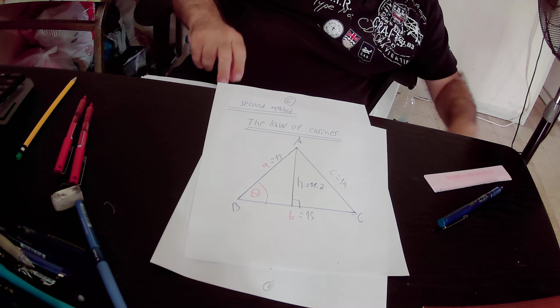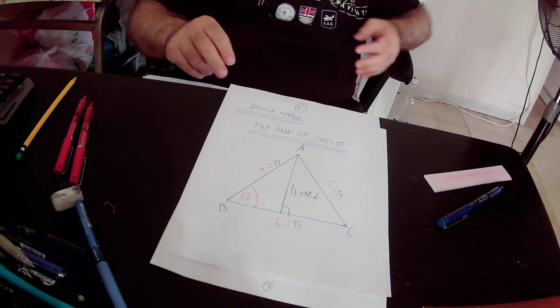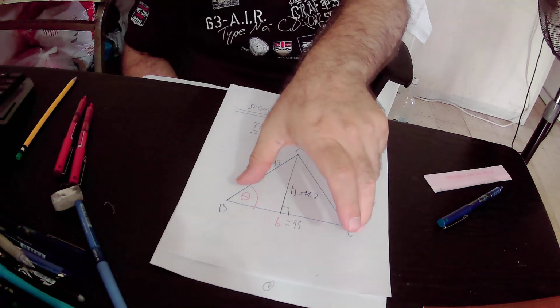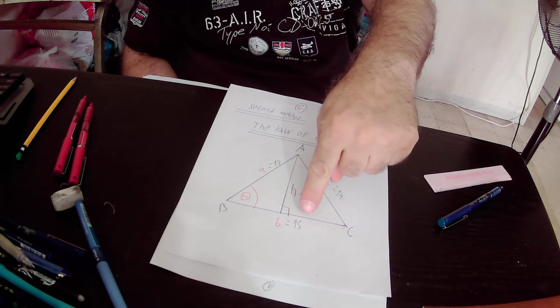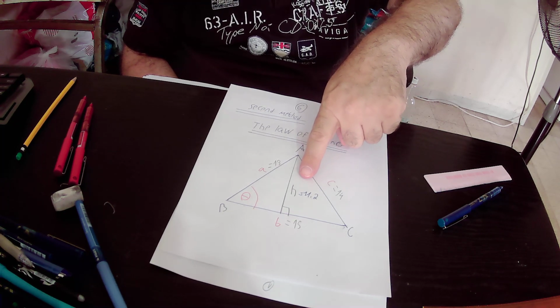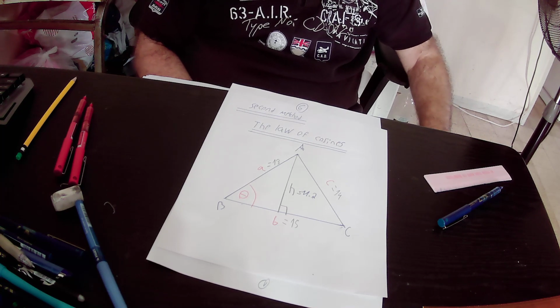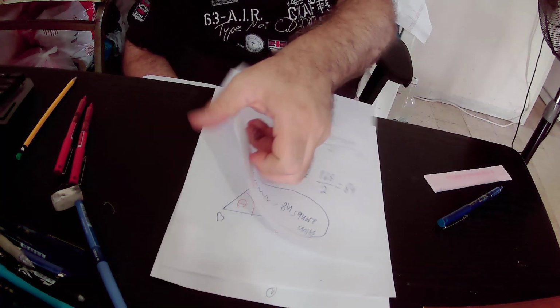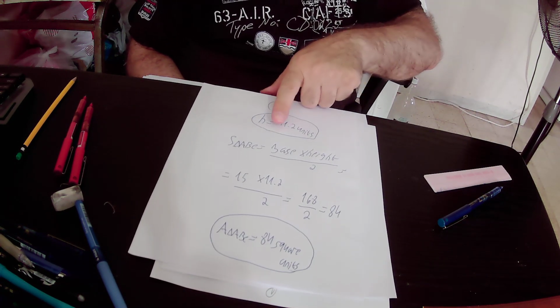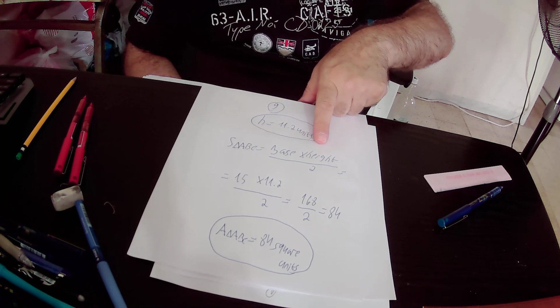So the area of triangle ABC will be equal to the base of the triangle, that is B, that equals 15 units, times the height of triangle ABC, that is H, that equals 11.2 units, over 2.